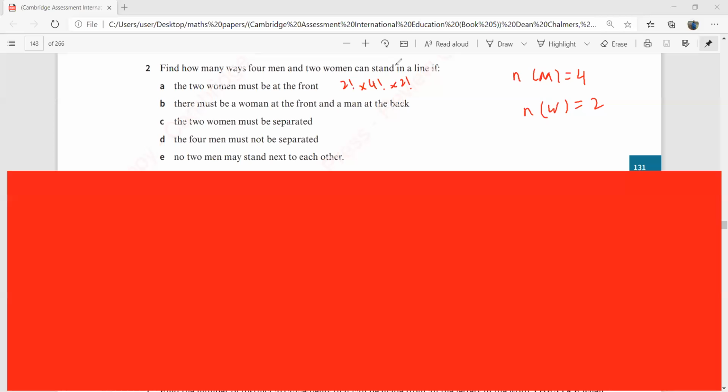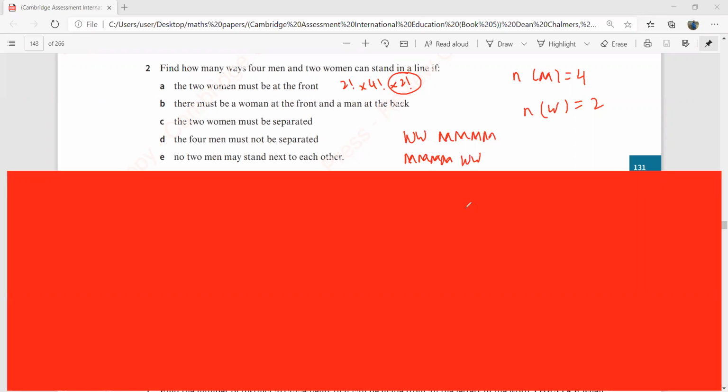So that is why this is going to be all women here and then all men, or it can be all men and then all women. So these are 2 different arrangements. That is why I'm writing this 2 factorial, or you can simply write times 2 factorial.